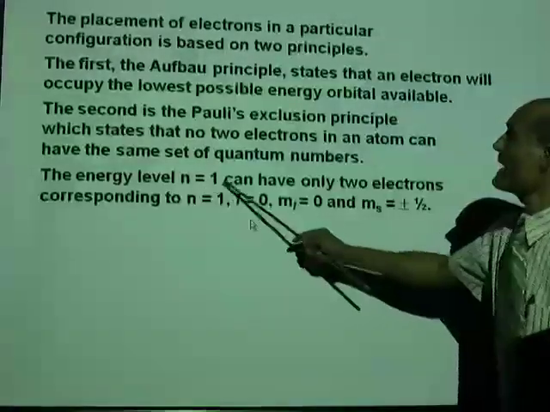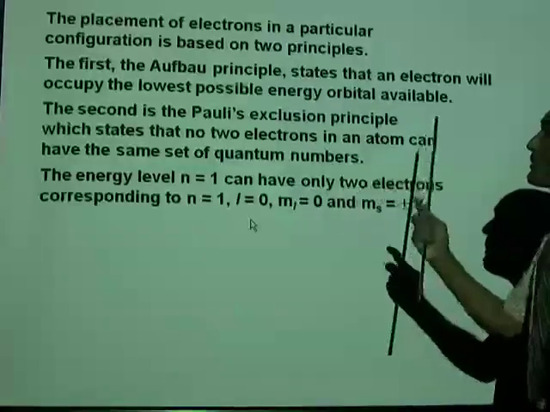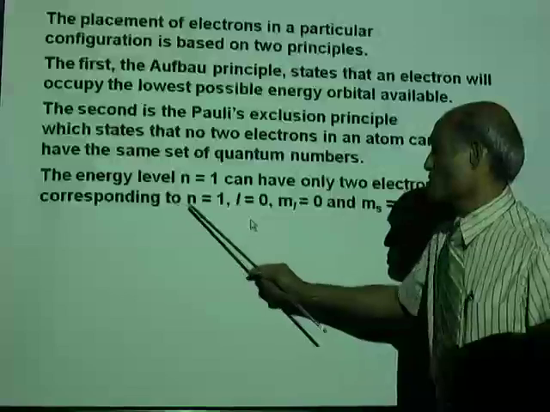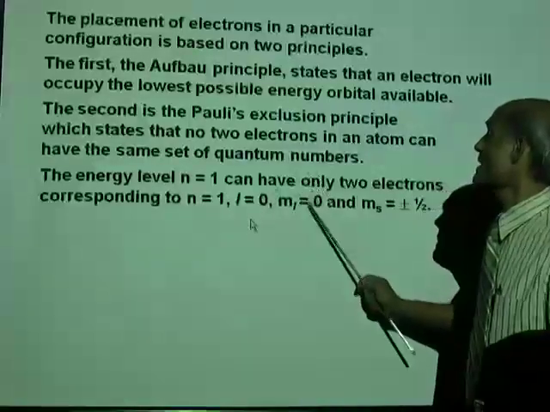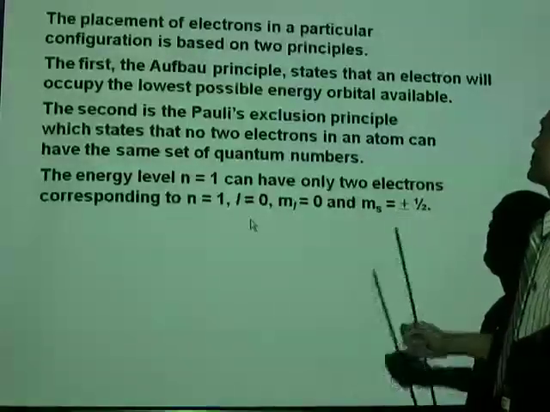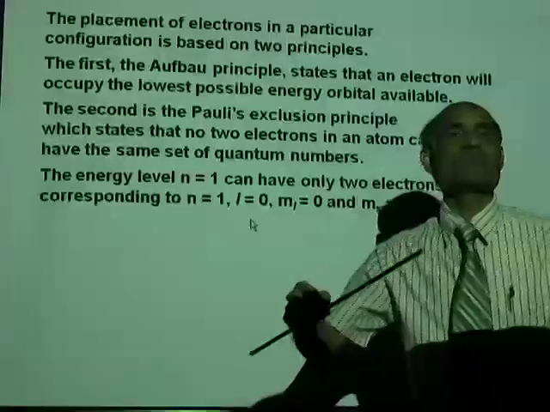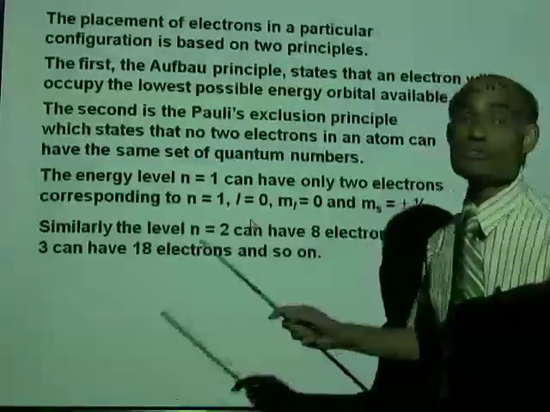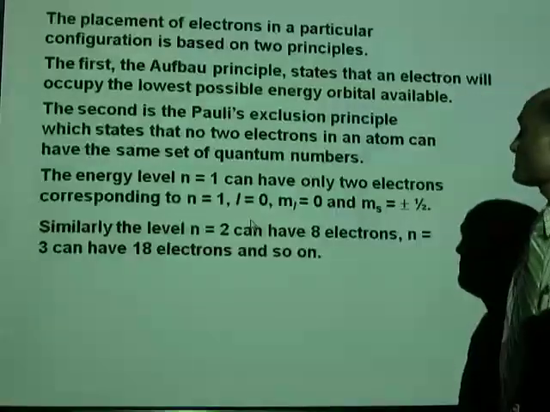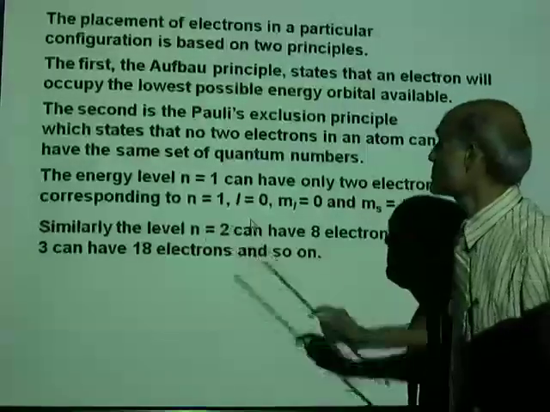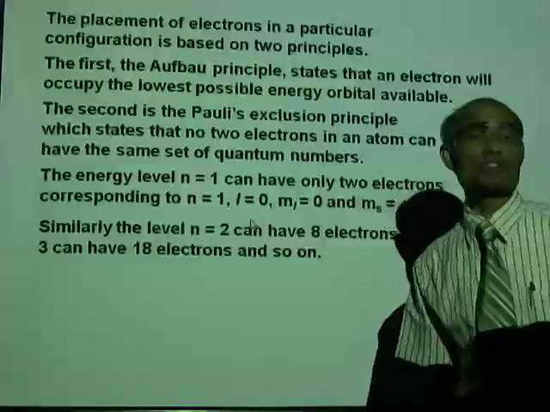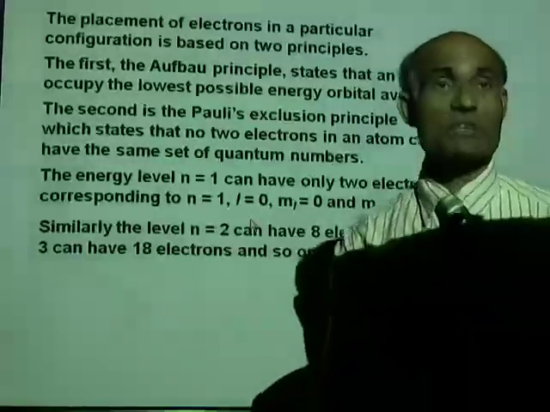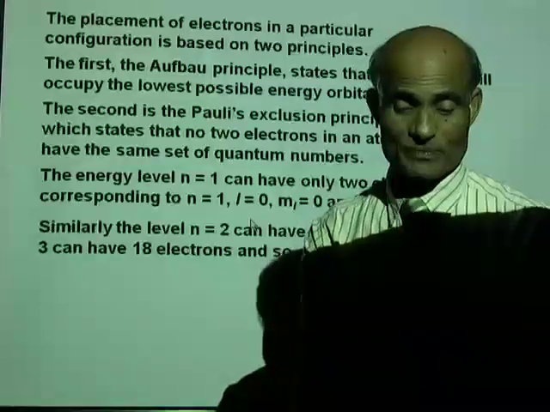Now, the energy level n equal to 1 can have only 2 electrons because of that particular principle, corresponding to n equal to 1, L equal to 0, ML equal to 0, and MS equal to either 1/2 or negative 1/2. Now, if you go to the level n equal to 2, how many electrons can be there at n equal to 2? Can you tell me?